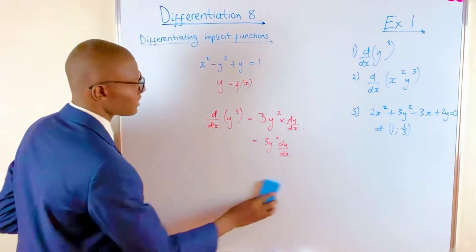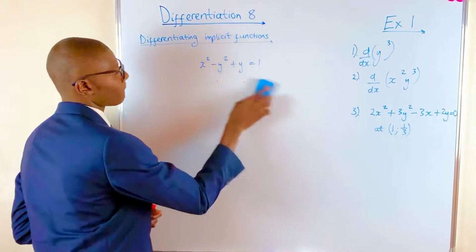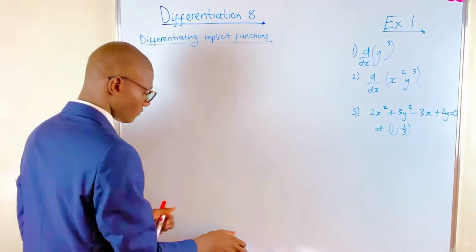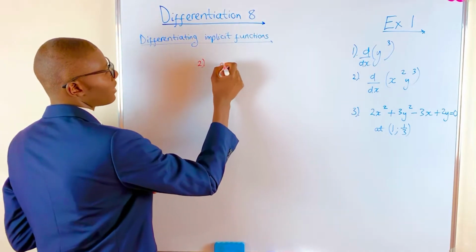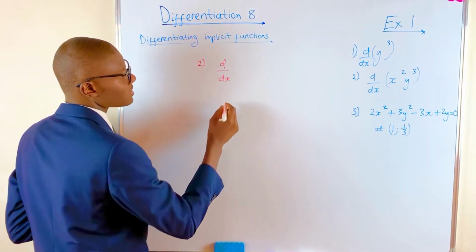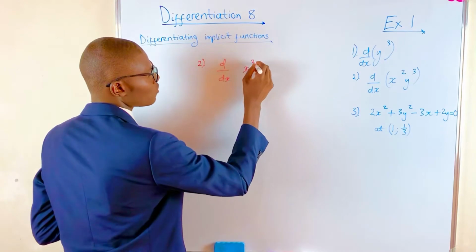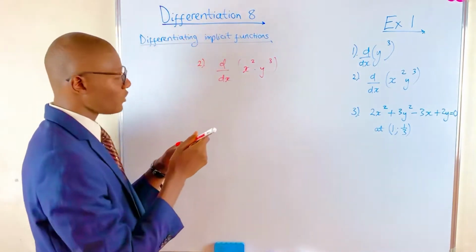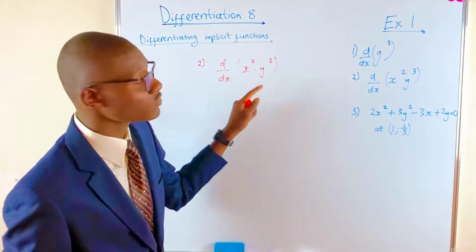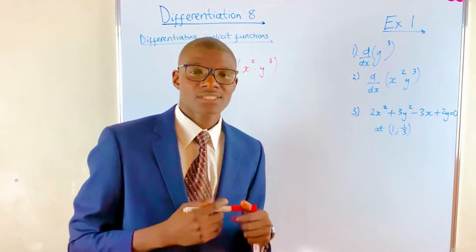So allow me to erase this part. So for the second part, we want to find d by dx of x squared times y to the power of 3. But what do we know about x squared y to the power of 3? This is a product.